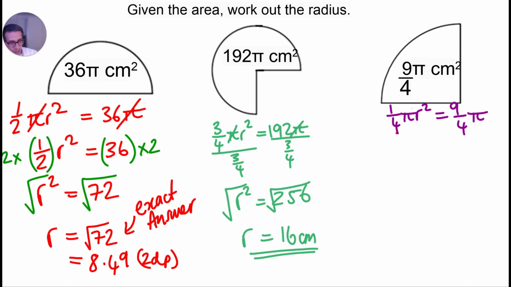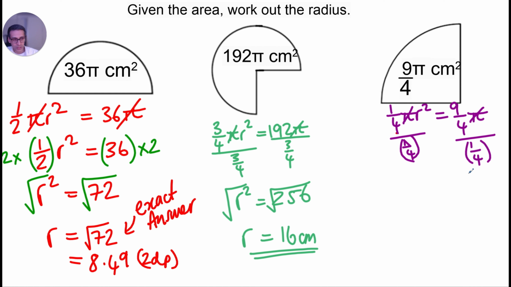Now I'm going to cancel pi by dividing pi both sides, and then I've got 1/4 r squared equals 9/4. I am going to divide by a quarter. So 9/4 divided by a quarter.